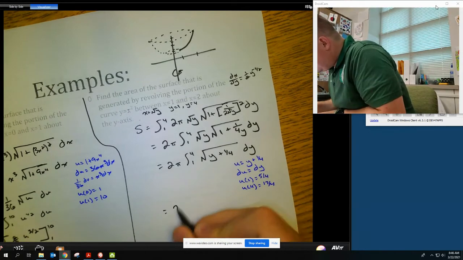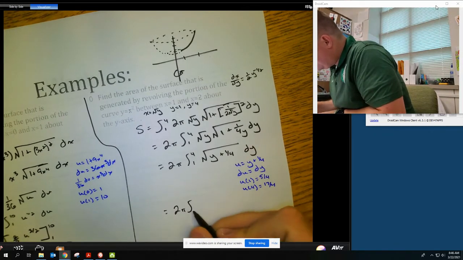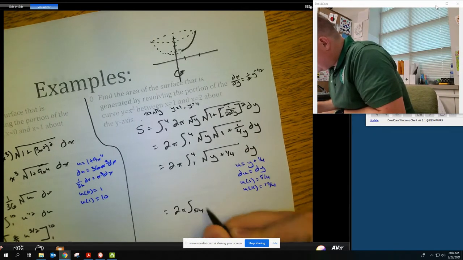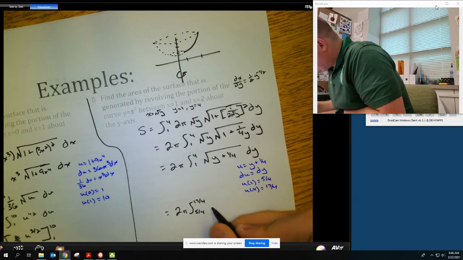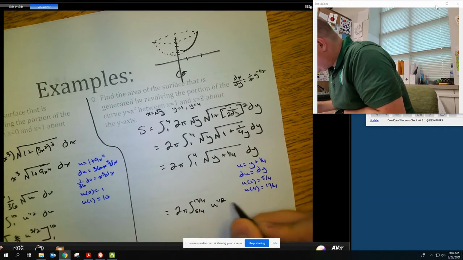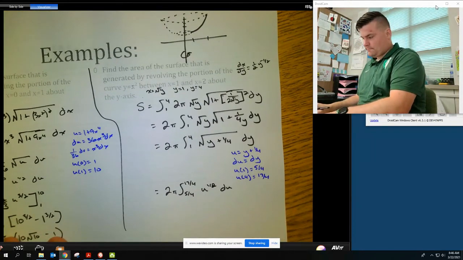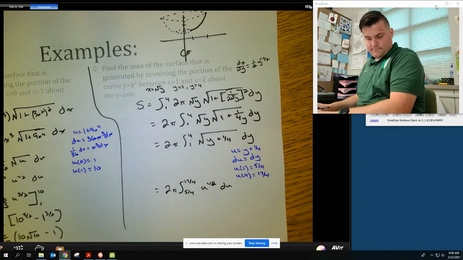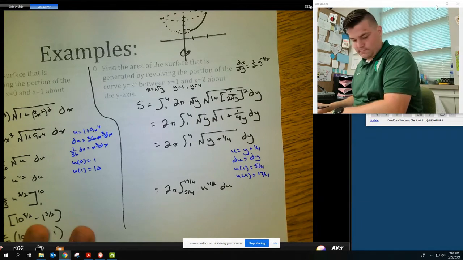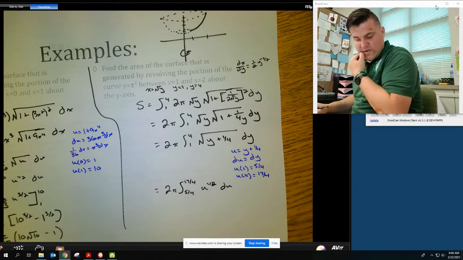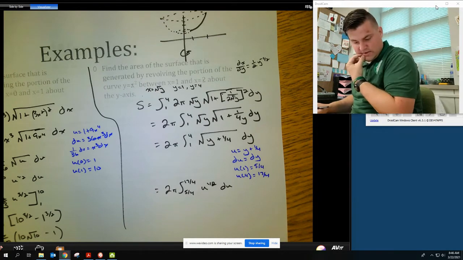So this is equal to 2 pi of 5/4, 17/4, u to the 1/2 du. Yeah, I did this a little differently than my notes, but that's fine.